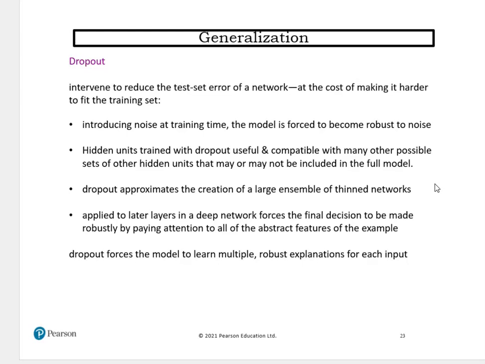Dropout is typically applied to units in the hidden layers with a probability of 0.5. For input units, we use a higher probability of 0.8, because we don't want to lose an input to the network. Typically, we don't want to lose an input feature, but we don't mind losing a hidden neuron.